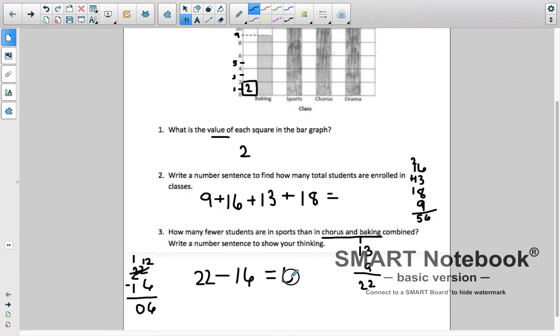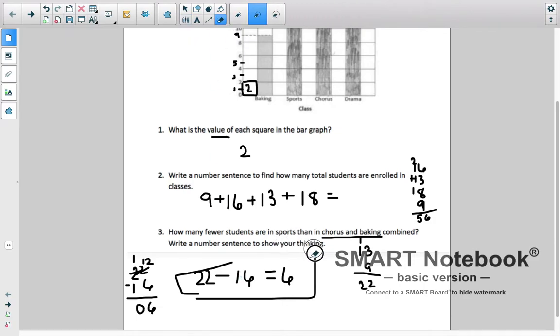So there were 6 fewer students in sports than in chorus and baking combined. And here is my number sentence. Oops, that was a little bit messy. Let me fix that box. That's my number sentence right there. All right, let's move on.